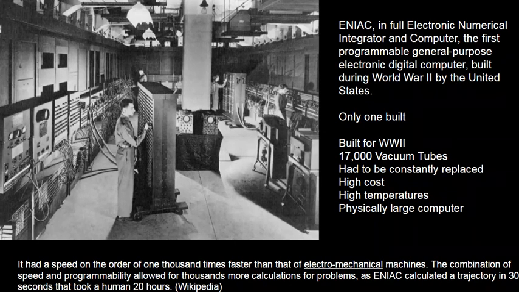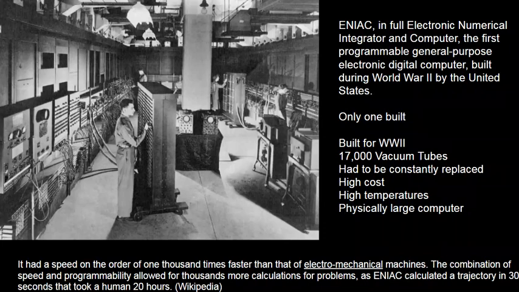I say a lot of these negatives because we're going to see some dramatic changes in the next generation that specifically go to fix some of the problems with the ENIAC. But for now, this is the most powerful computer they've ever built. In fact, if you go down here, it had a speed on the order of 1,000 times faster than that of the electromechanical machines, like the relays we just looked at.